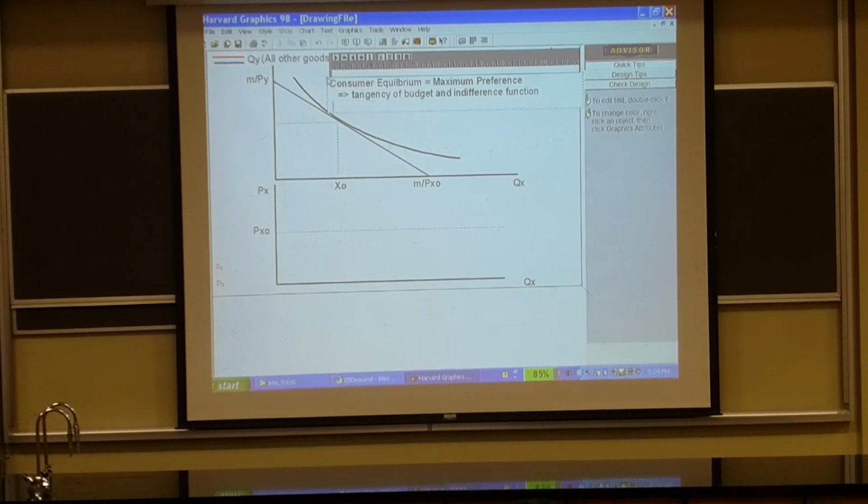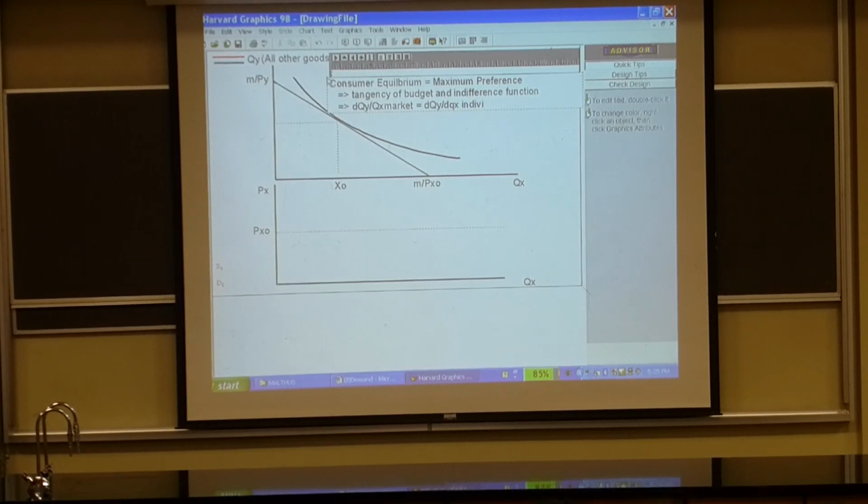Which, by the way, implies this. Now watch. It implies that the trade, remember D stands for exchange, or change, the change in the quantity of Y and quantity X for the market is equal to the exchange of the quantity of Y and quantity X for the individual.